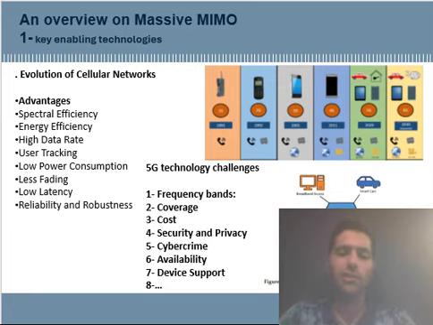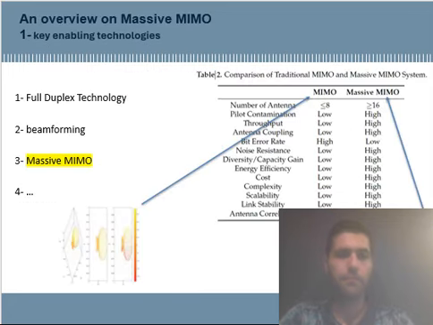These challenges and difficulties for 5G include frequency bands, coverage, cost, security and privacy, availability, and so forth. Here we provide three key enabling technologies, including full duplex technology, beamforming, and the last and the most important one is massive MIMO systems.